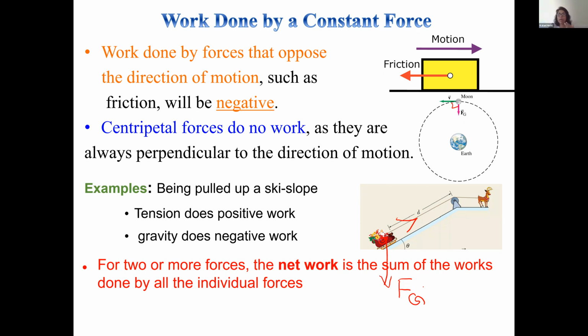That will be the component parallel to the plane, but the component perpendicular to the plane does not do work, right? So if there are more forces, definitely we need to find the net work by adding all the work done, including the negative work done and positive work done. Okay, that is the total net work done.